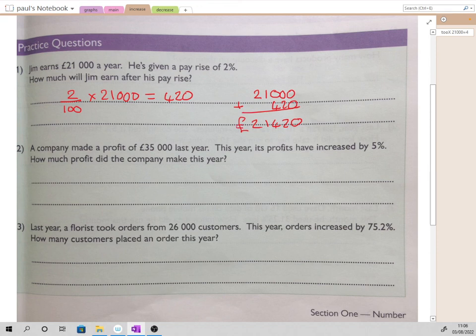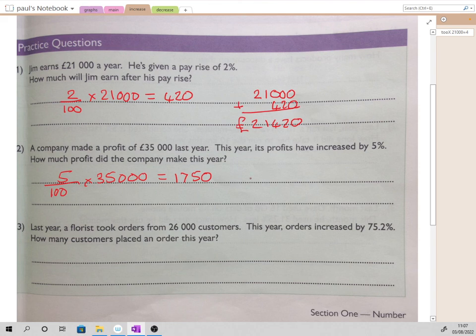A company made a profit of 30,000. This year, its profits have increased by 5%. How much did they make this year? So find 5% of £35,000. 5 divided by 100 times 35,000 is 1750.